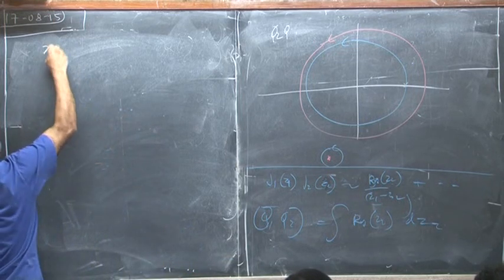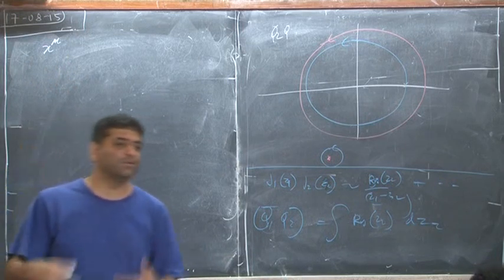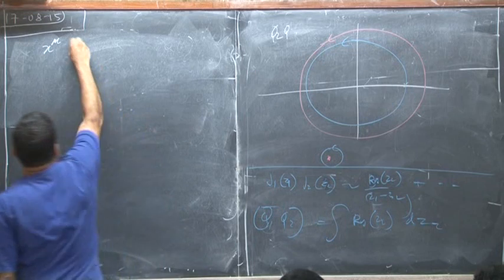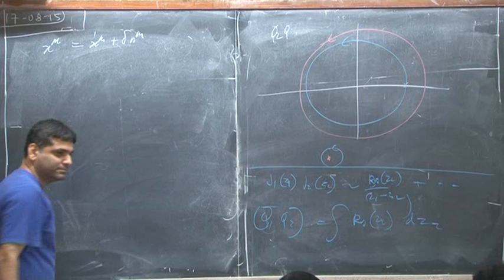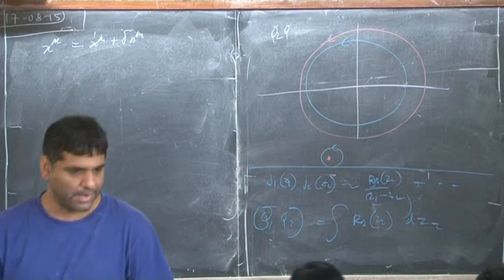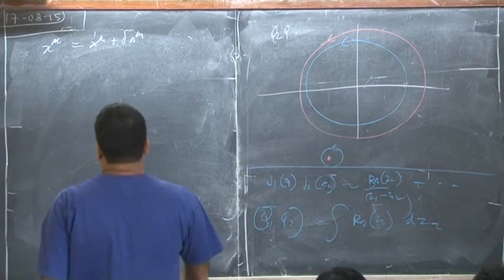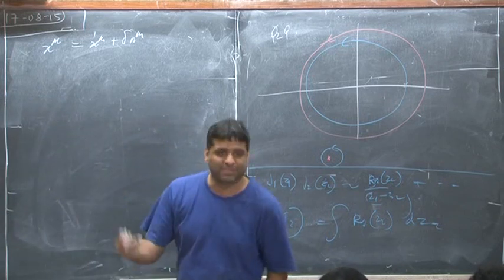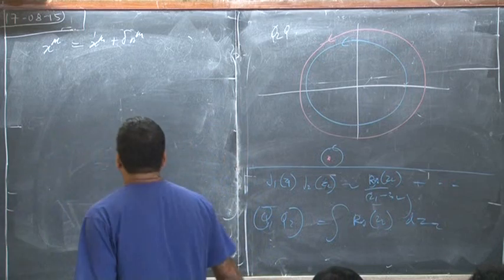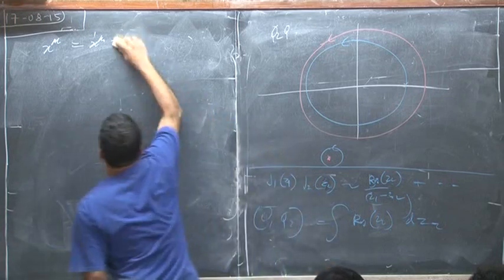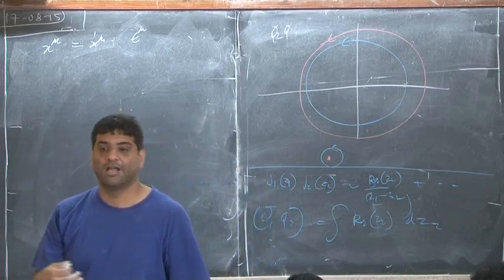So you remember that suppose you have some x mu, and you make a translation. So x mu goes to x mu plus delta x. Let's say that x mu is equal to x mu prime plus delta x. Let me call that epsilon. Let's say epsilon is a constant.